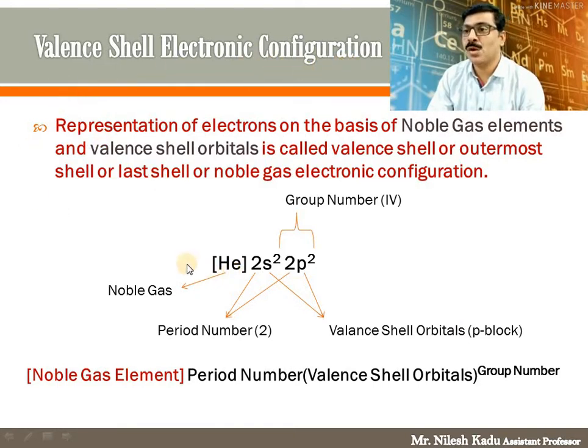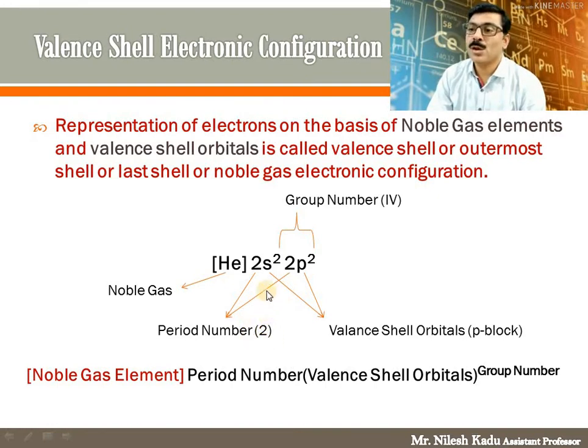But on the basis of valence shell electronic configuration, you can easily find out the period number of the element, and here 2s and 2p orbitals are present. So the period number of the element is 2.